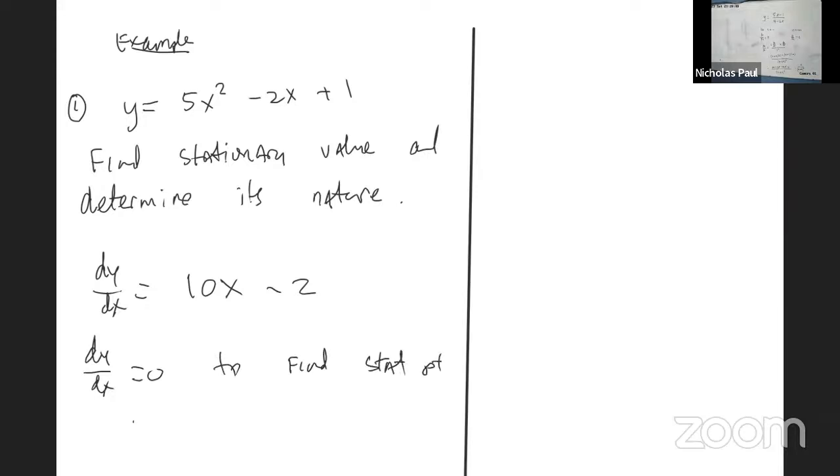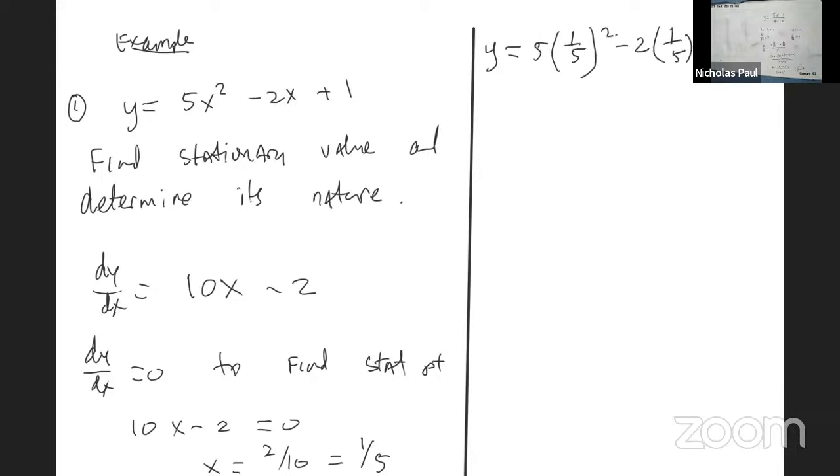So 10x minus 2 is 0, x is 2 over 10 or 1/5. We need to get the y value as well, so that's 5 times 1/5 squared minus 2 times 1/5 plus 1.